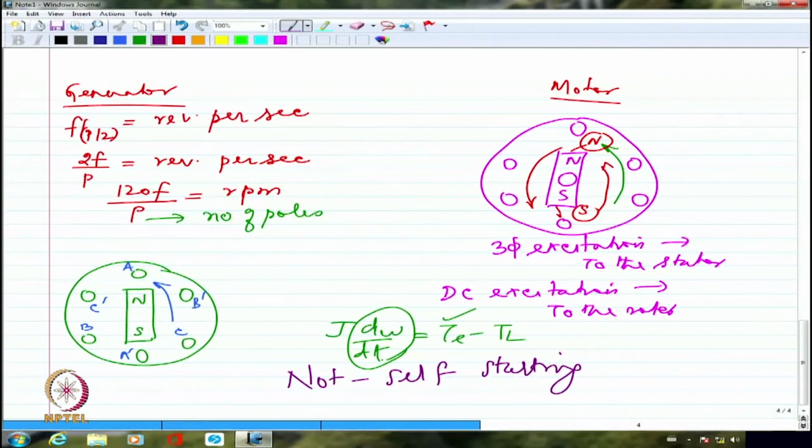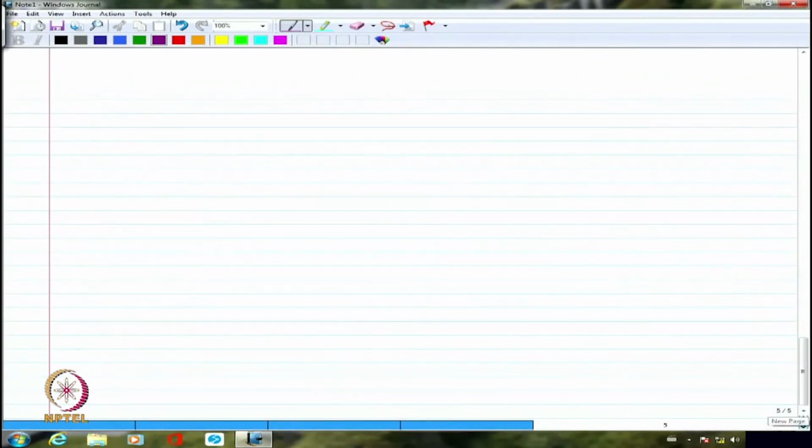Right? Now if I look at the synchronous machine, please understand that I'm going to have excitation, especially in the motor, excitation provided from the stator, excitation provided from the rotor, both sides. So I would say that the synchronous motor is a doubly excited machine.